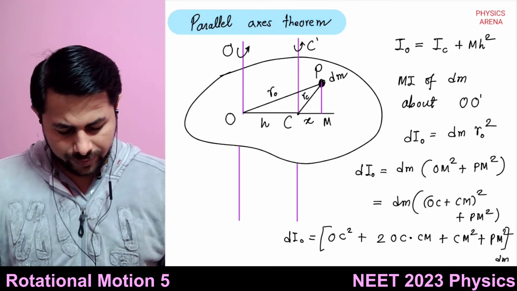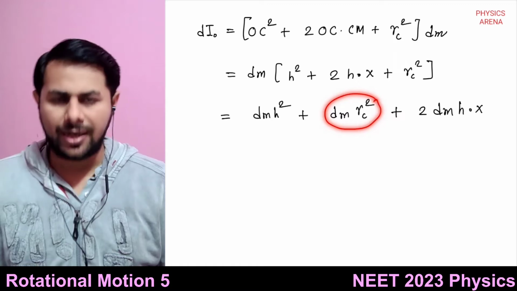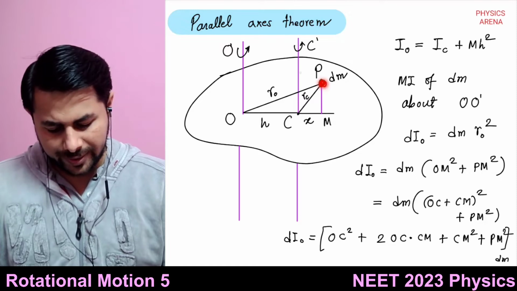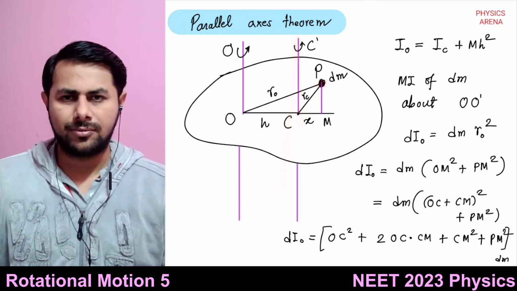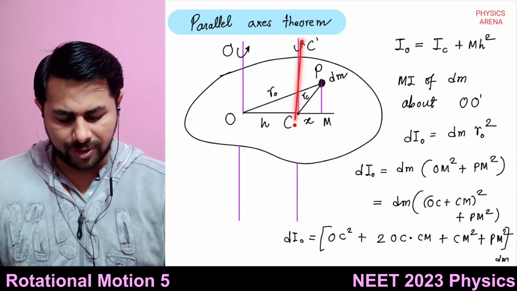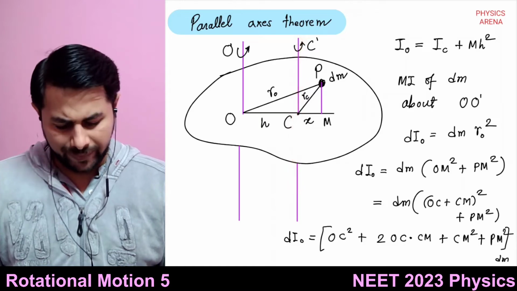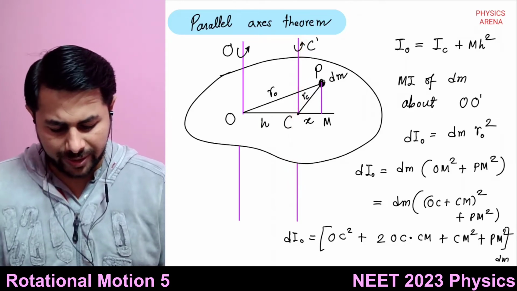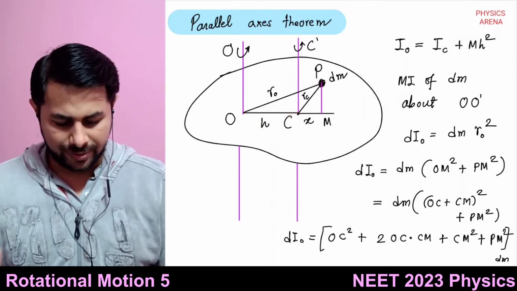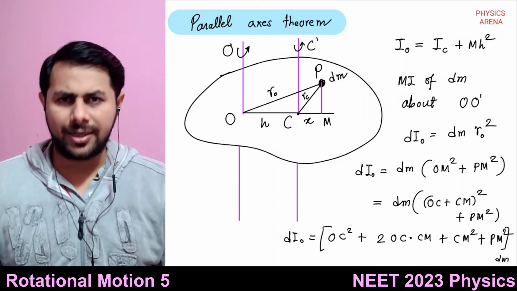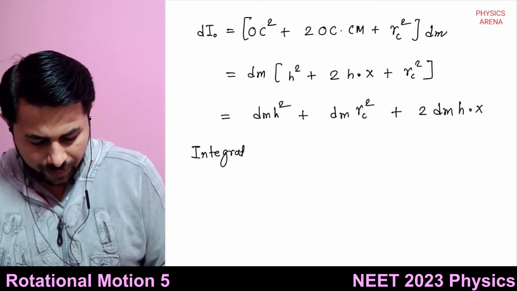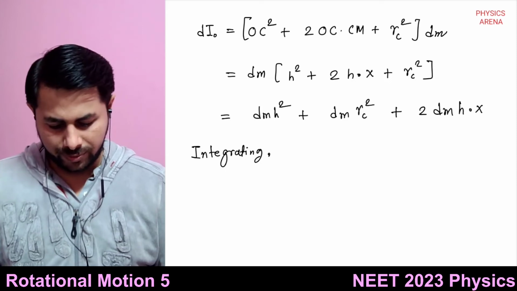Now what is dm multiplied by RC squared? It is the moment of inertia of this mass about this axis, right? Then dm multiplied by h squared is this mass multiplied by this distance squared. Now if we integrate this over this body, what do we get?